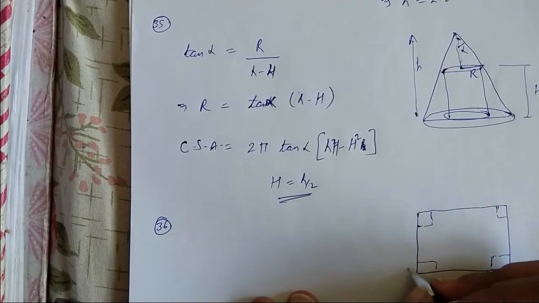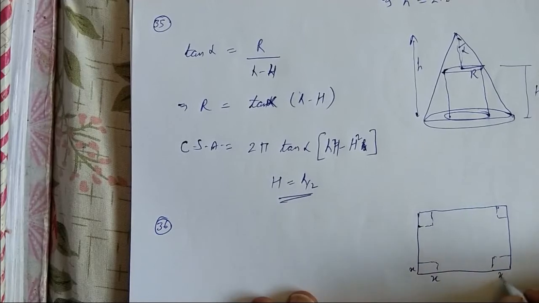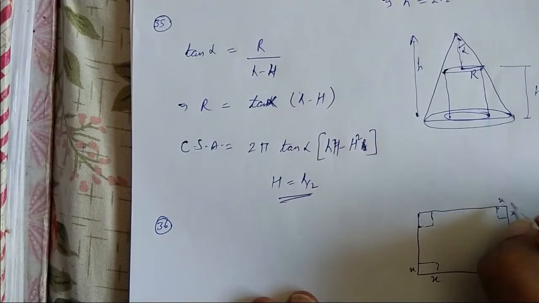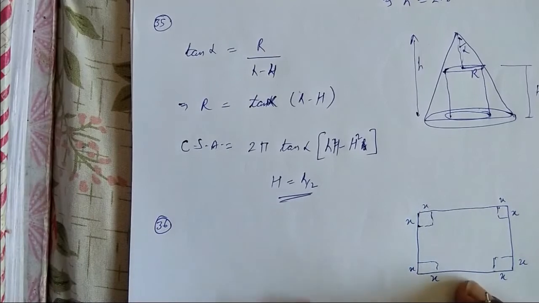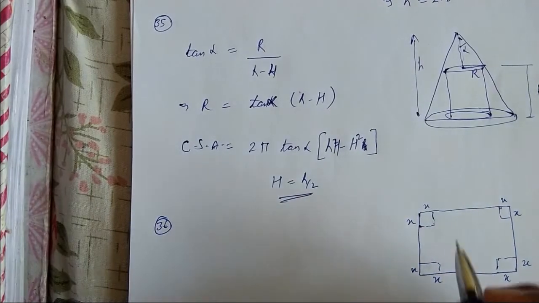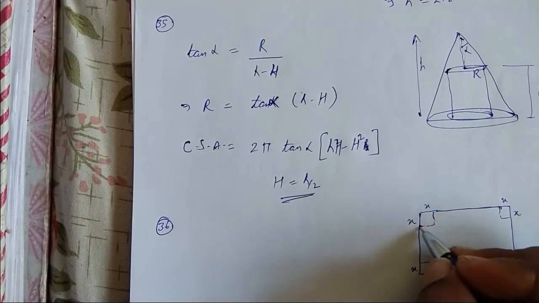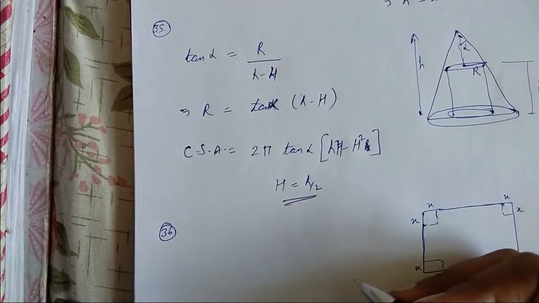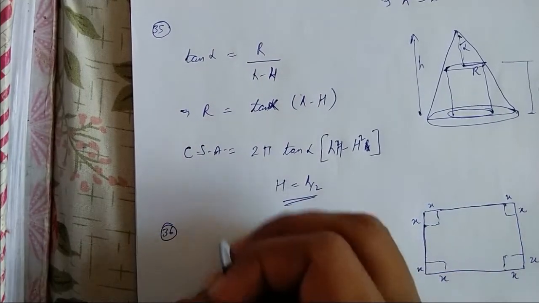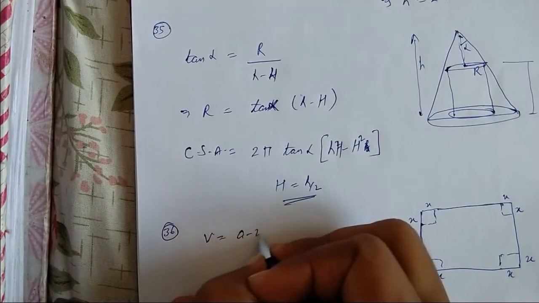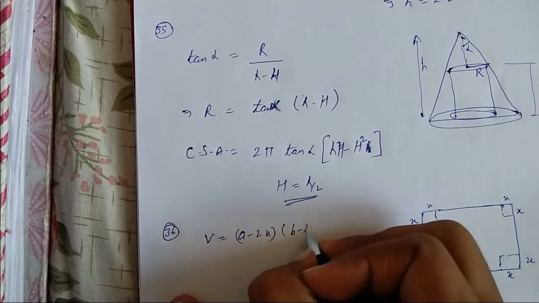Let the width of this be x. So the volume of the box: these two will be the sides of the box, and the height would be x. So the volume would be (a minus 2x)(b minus 2x)(x).